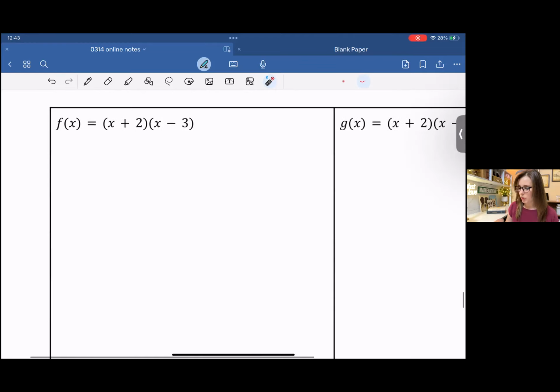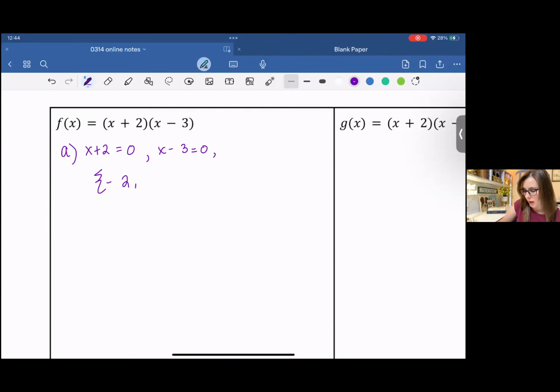So we have a polynomial here, f of x equals x plus 2 times x minus 3. For the x-intercepts, we took both factors, set them equal to 0 and solved, and we would get -2 and 3.